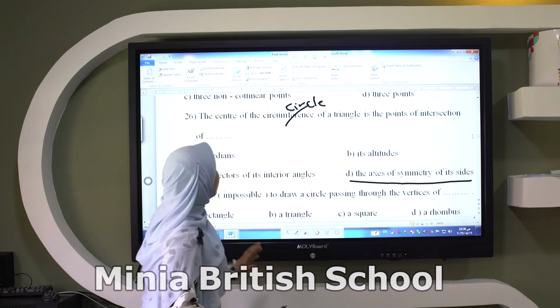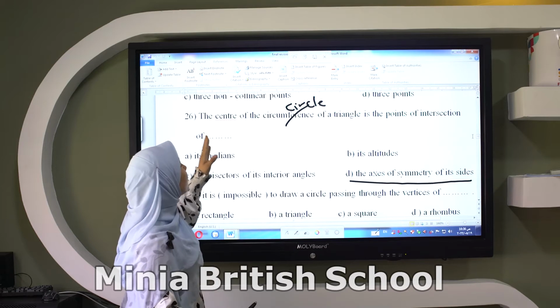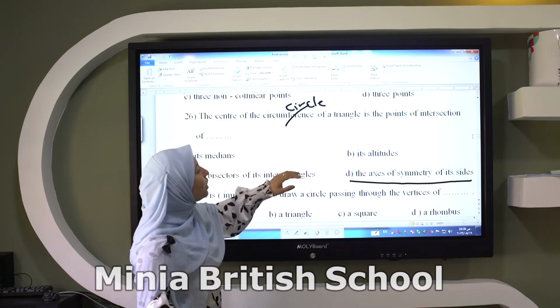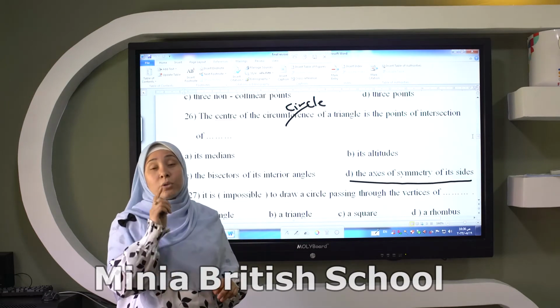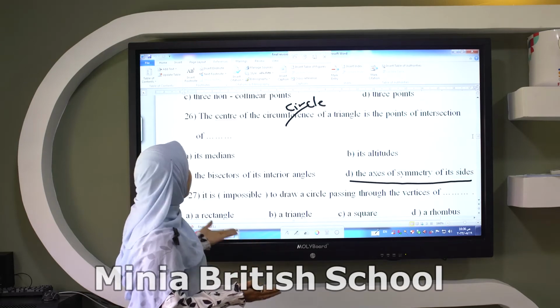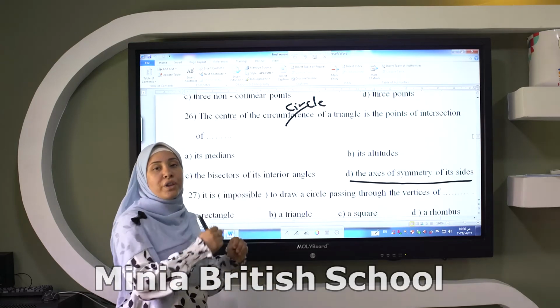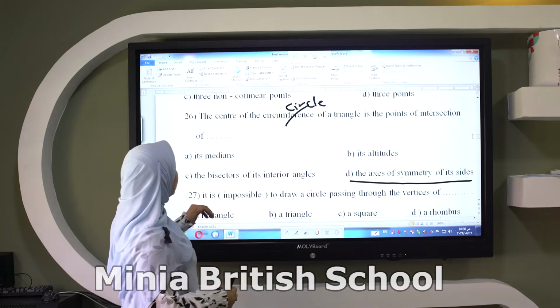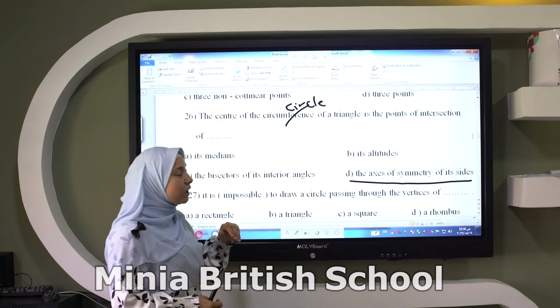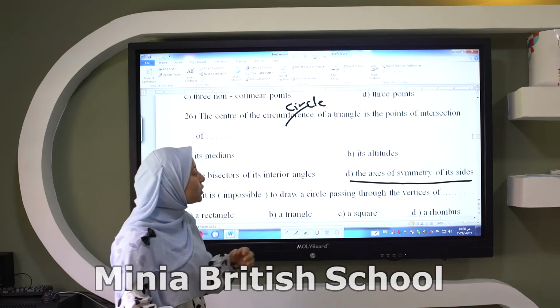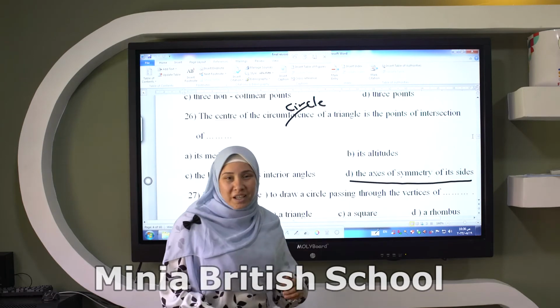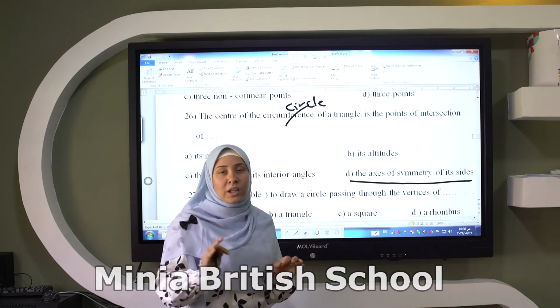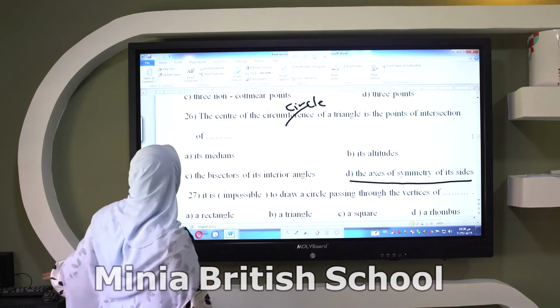Another question: the center of the circumcircle of an equilateral triangle is the point of the intersection, all of them is true, of its medians, its bisectors of interior angles, its altitudes, and also the axes of symmetry of its sides. Only in an equilateral triangle. Clear?